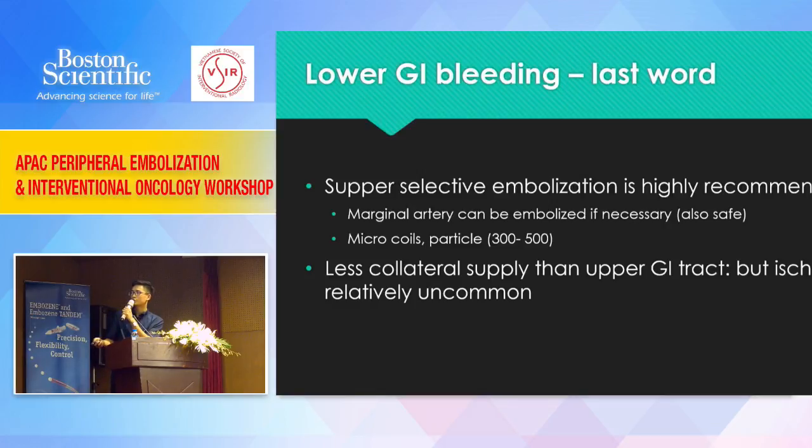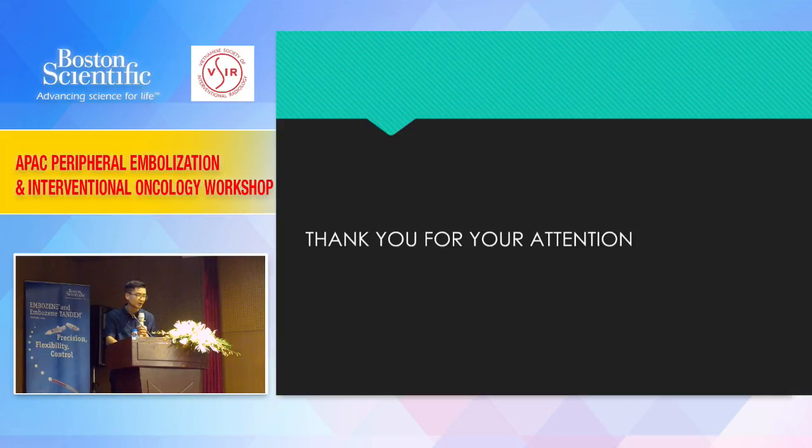Sometimes we have to do the marginal arteries if necessary, because there is less collateral supply. But when we use a very good technique, we are not faced with the complication of ischemia. Thank you.